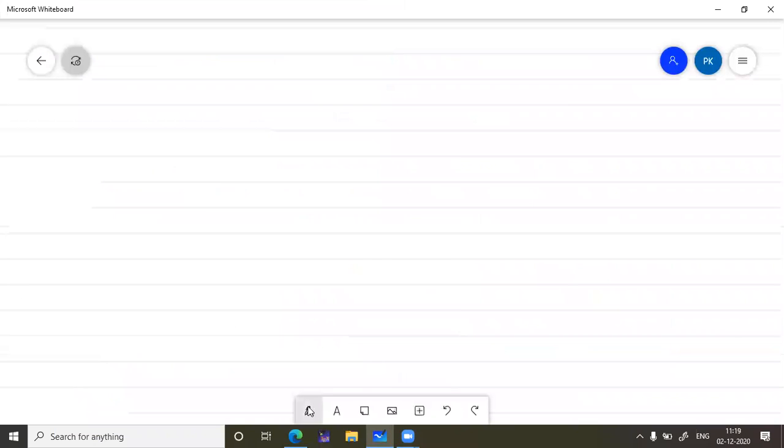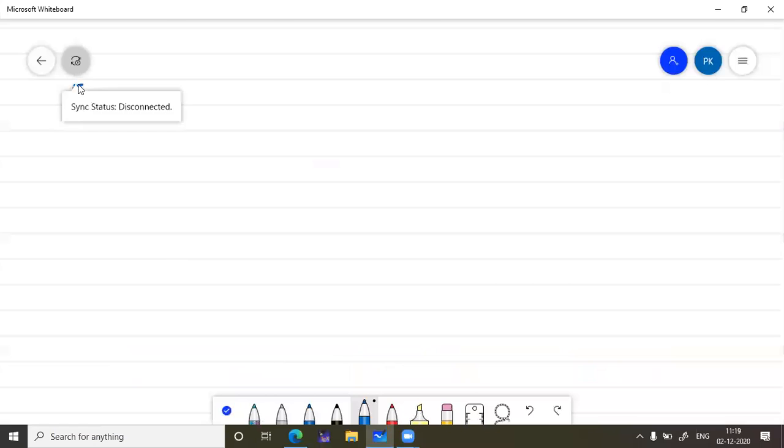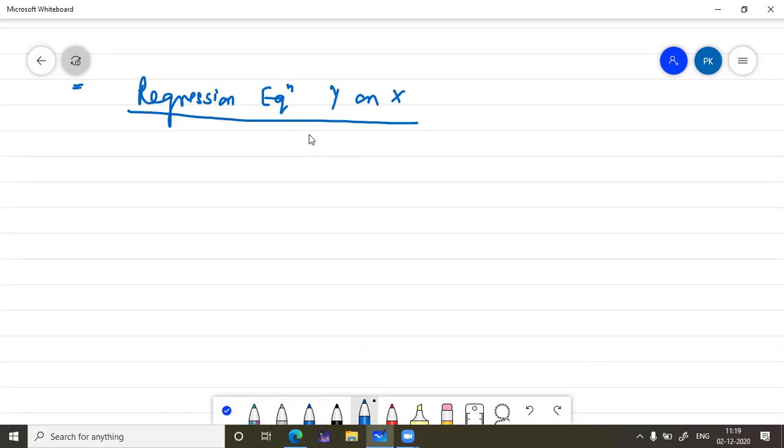So regression equation y on x means y minus y bar is equal to byx, x minus x bar.